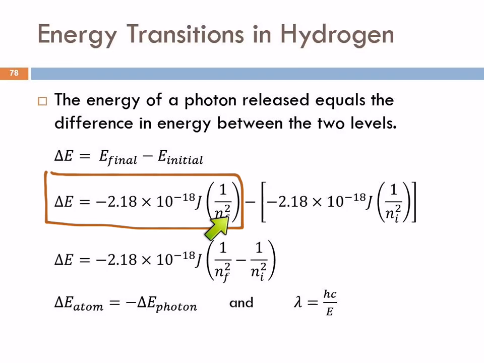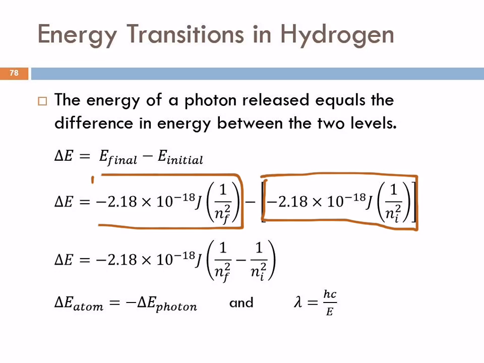So it's the final minus the initial. And there's the initial. Final minus initial. Well, if you simplify that, you can factor out the minus 2.18 times 10 to the minus 18th. And you've got 1 over the final level squared minus 1 over the initial level squared.